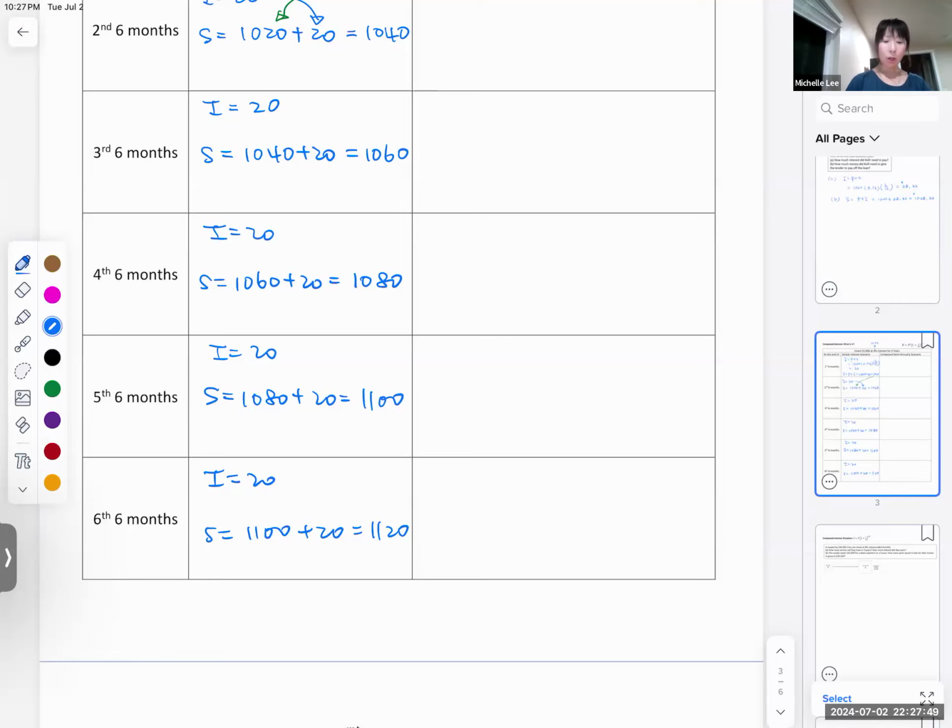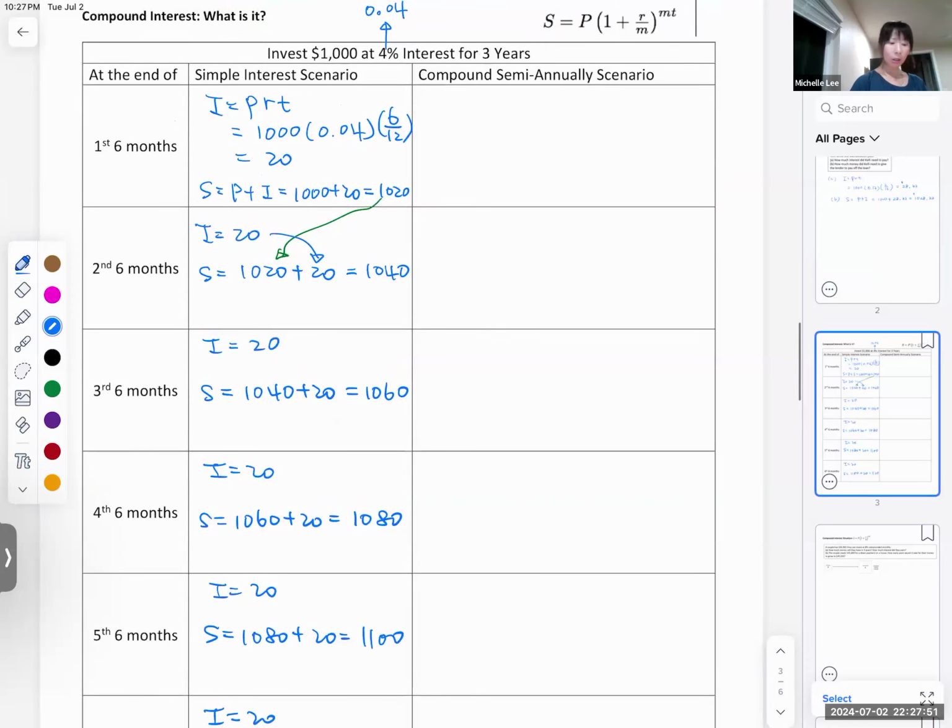Okay, let's do compounding. We have semi-annually, which means annually is 1 year, but semi-annually is 2 times per year.